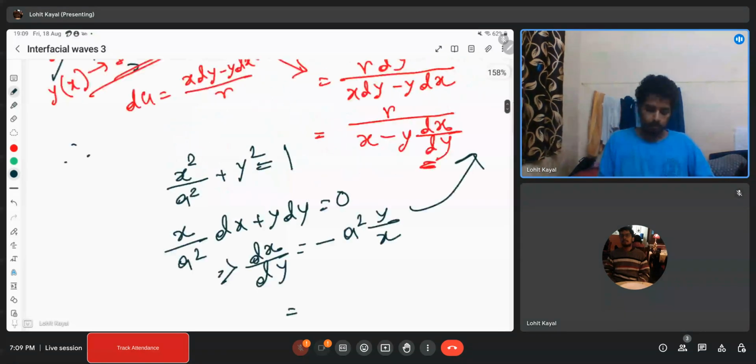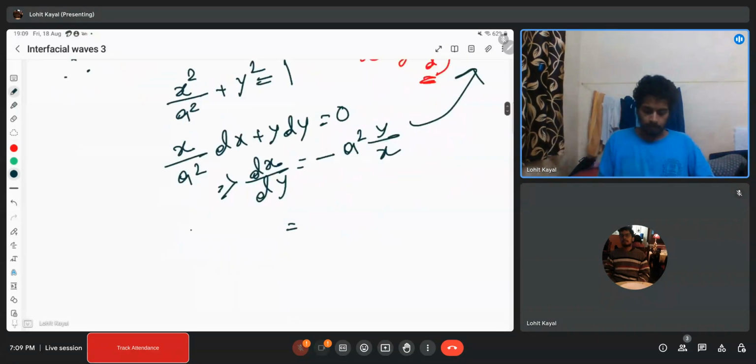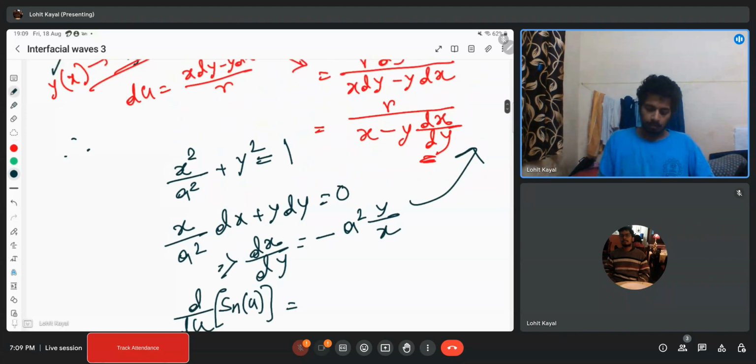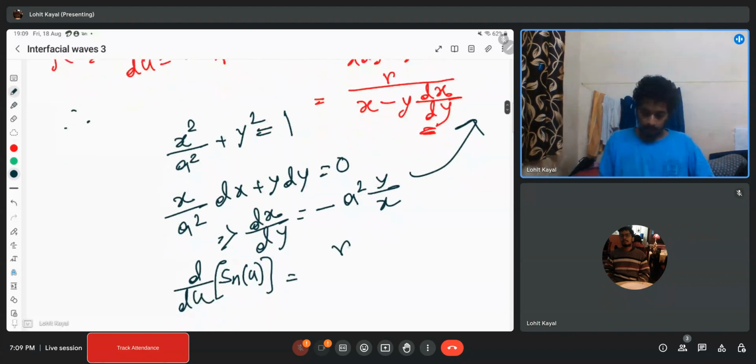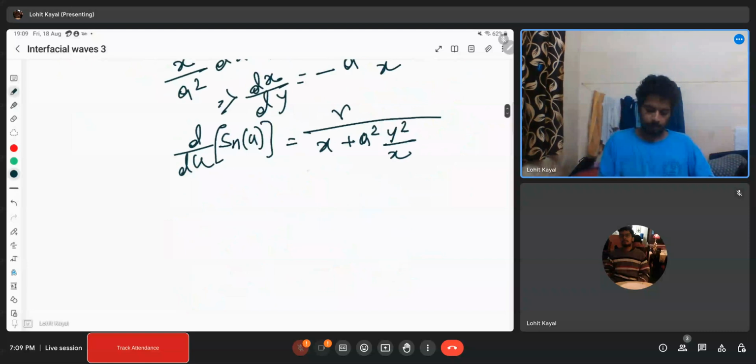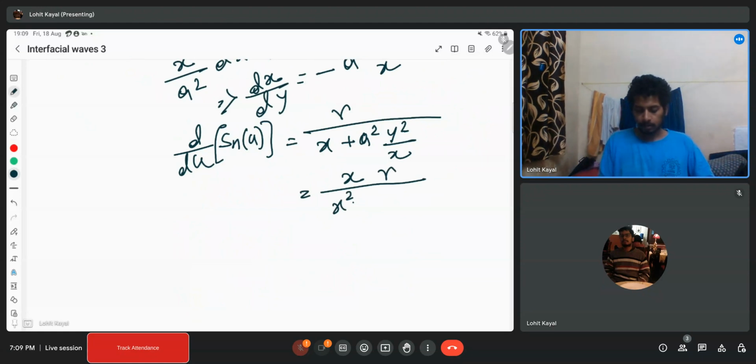So if you substitute this here, what will you get? The result will be d/du of sn(u) equal to r divided by x plus a squared y squared by x, so equal to x divided by x times r, x squared plus a squared y squared.